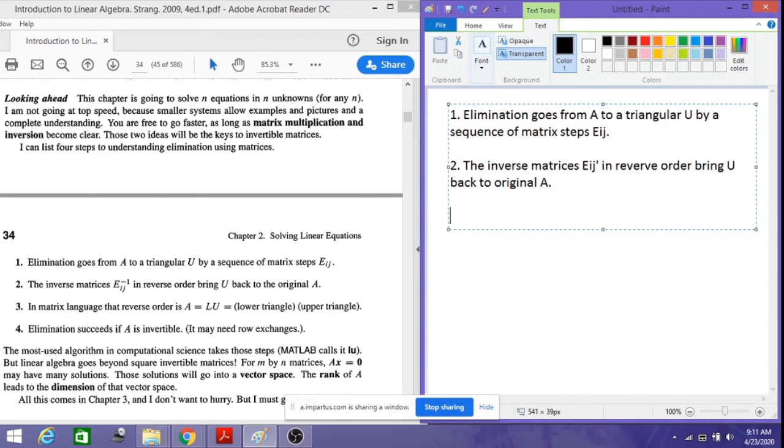So then the third is that in matrix language, that reverse order is A is equal to L into U. So rather than going for the inverse of E_ij, what we will do is multiply the upper triangular matrix with the lower triangular matrix, so that we can get back our A, that is the coefficient matrix.